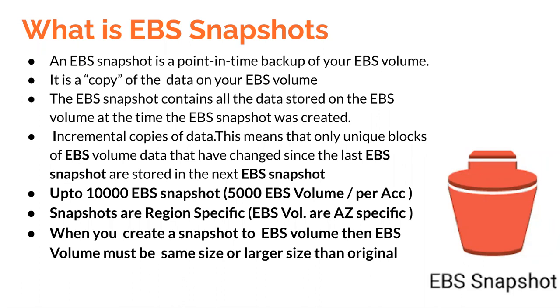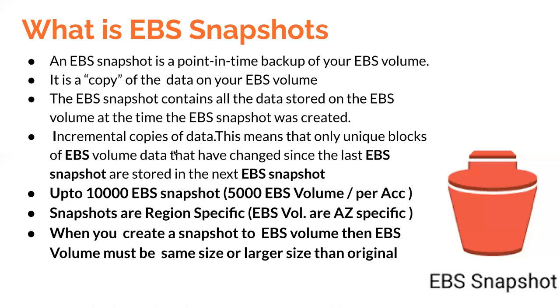This means only the unique blocks of EBS volume data that have changed since the last EBS snapshot are stored in the next EBS snapshot. We will discuss this point, the incremental copies of data, in a picture.